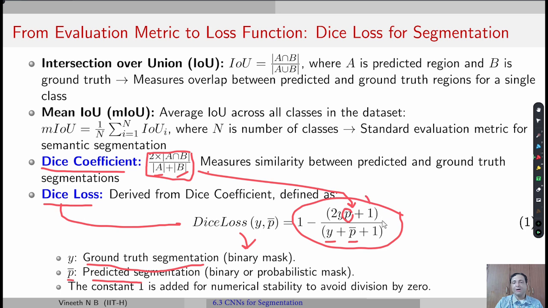The +1 here and here is primarily added for numerical stability to avoid division by 0. And this now becomes a loss that we can use to train your segmentation models apart from using cross entropy pixel wise. Is this the only loss that we use?